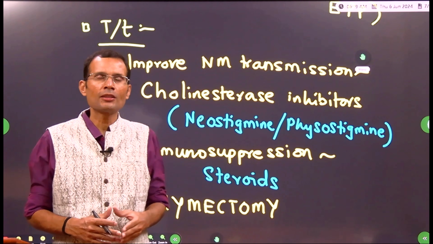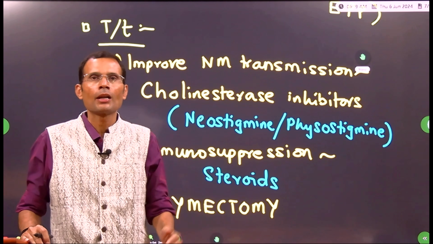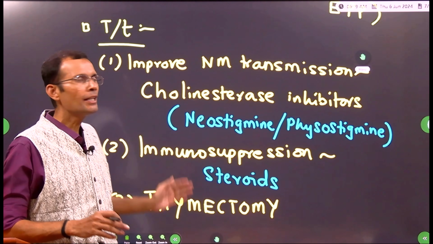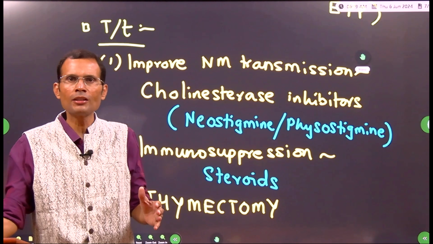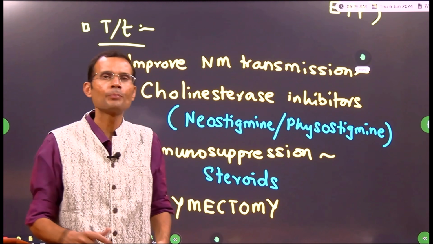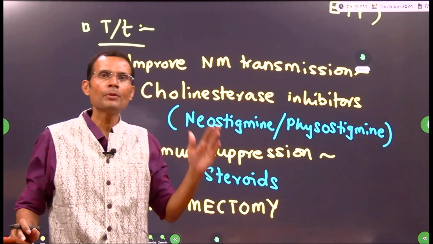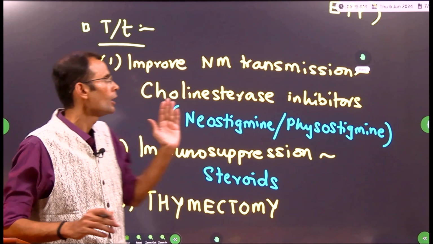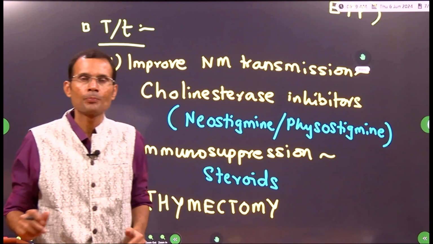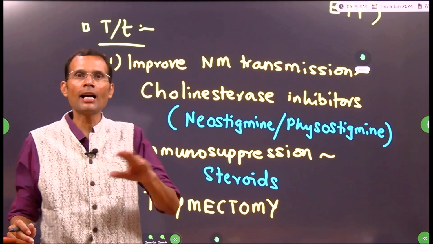Normally whenever acetylcholine is released and binds with the receptors, it initiates the muscle contraction, but then within the next 150 milliseconds this acetylcholine is degraded by the enzyme cholinesterase. Now if you give a cholinesterase inhibitor, acetylcholine will not be degraded that fast.